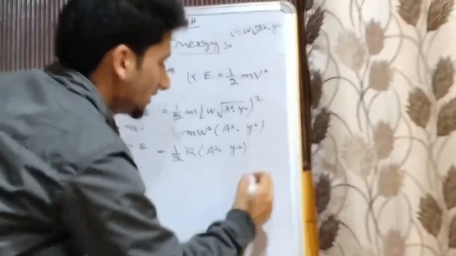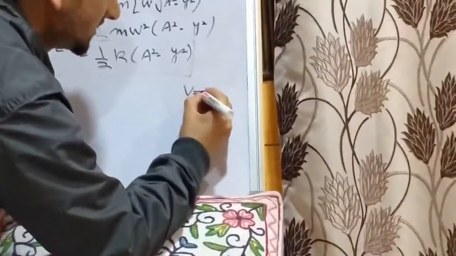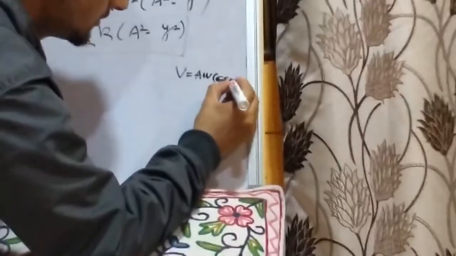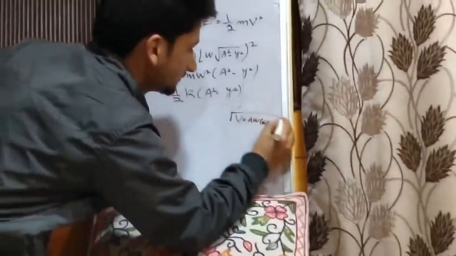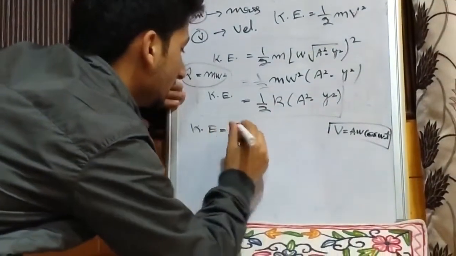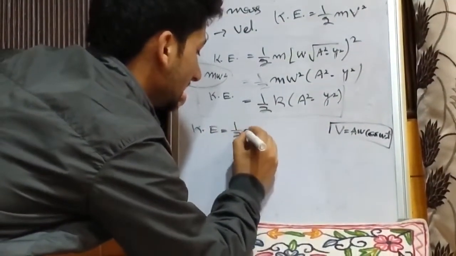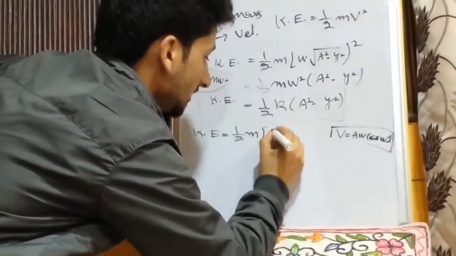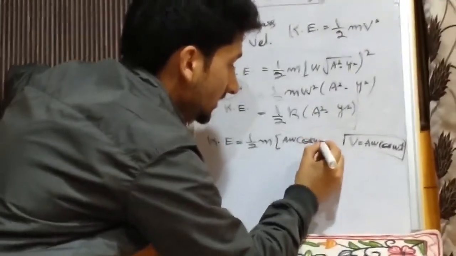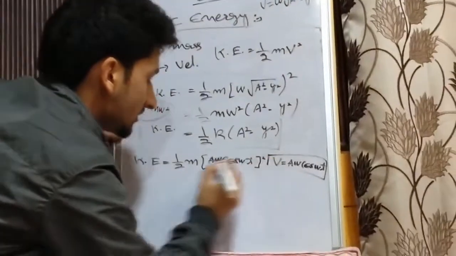by using this equation, v equal to a omega cos of omega t. So kinetic energy will be equal to 1/2 of m a omega cos of omega t whole square.